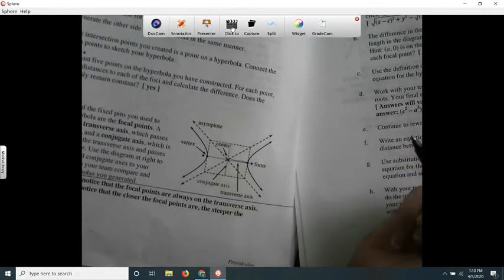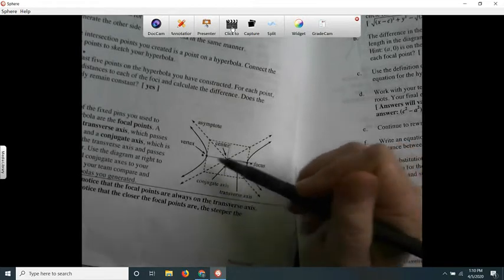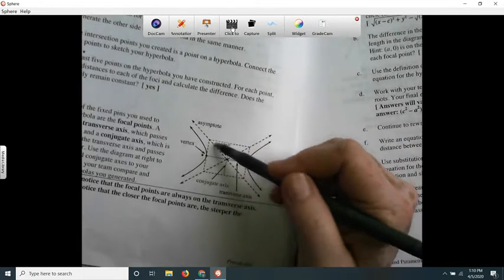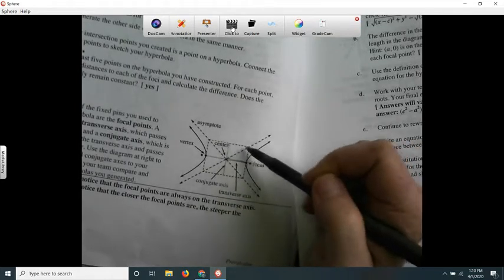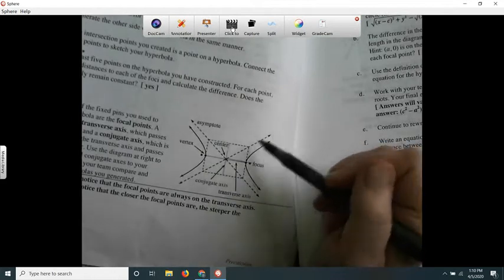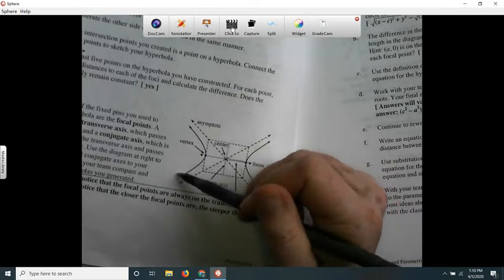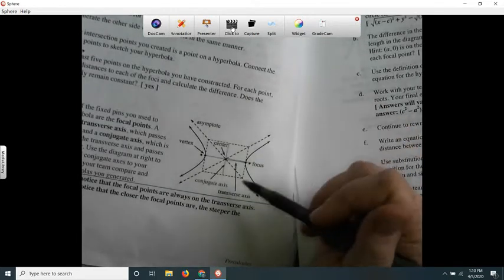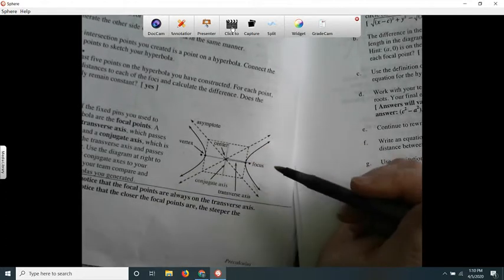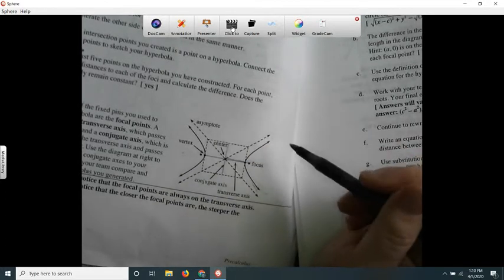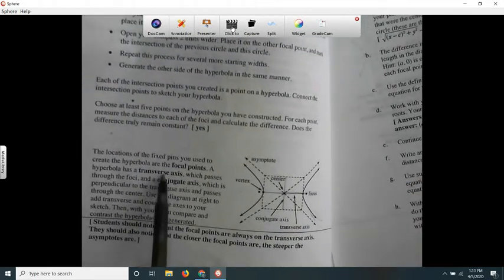Okay, and then there's some other things that you need to know. There are these vertices, the foci, there's a center, and there are these asymptotes that we use on this box. The asymptotes that we use to help us graph are actual asymptotes of the graph. And then, what on an ellipse we call a major axis, on a hyperbola we call the transverse axis.